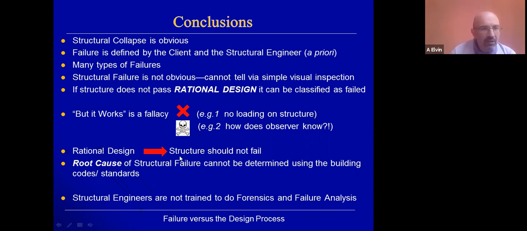Rational design should lead to the structure not failing, and the root cause of structural failure cannot be determined using the building codes and standards. As I told you, buildings do not read structural codes or structural specifications. Structural engineers are not trained to do forensics and failure analysis. All right, that completes my presentation.